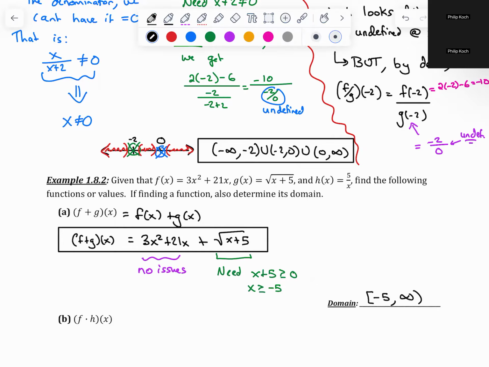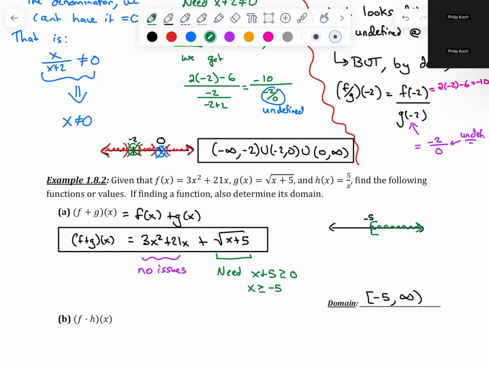So this inequality gives us, if you want to look at a number line, here's -5. That was the only point that was of interest. We need everything to the right of it because we need our x values to be greater than -5. So it doesn't have to do with the fact that it's a positive square root. It has to do with the fact that the inside needs to be positive. Is that what you were asking?